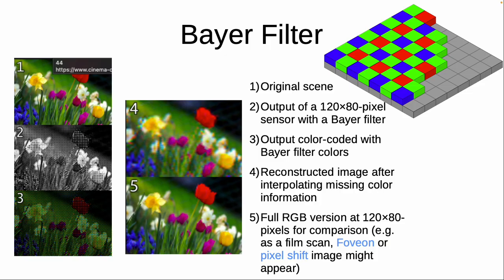Historically, what people did a lot was Bayer filters. The gray substrate in the upper right-hand corner would be the substrate, and then they'd put red, green, and blue filters on top of that so that only those colors would get through. And of course, they use twice as many greens as the other ones because the human eye is more sensitive to green, so they want that to be more accurate.